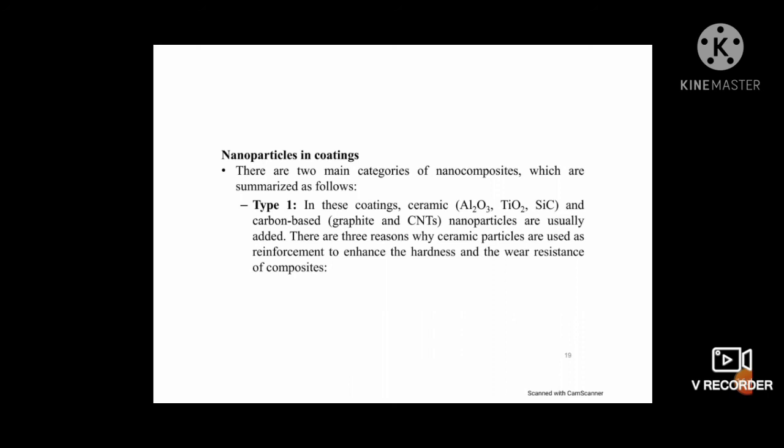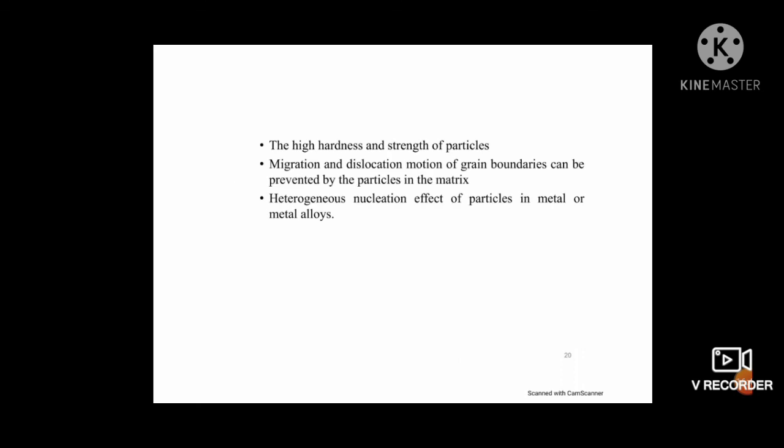These are the reasons that certain particles are used in reinforcement to enhance hardness or wear resistance of composites. Due to the high hardness and strength of particles, migration and dislocation motion of grain boundaries can be prevented by the particles in the matrix, and there is a heterogeneous nucleation effect of particles in metals and metal alloys. These are the different reasons due to which we add nanoparticles into the bulk material.